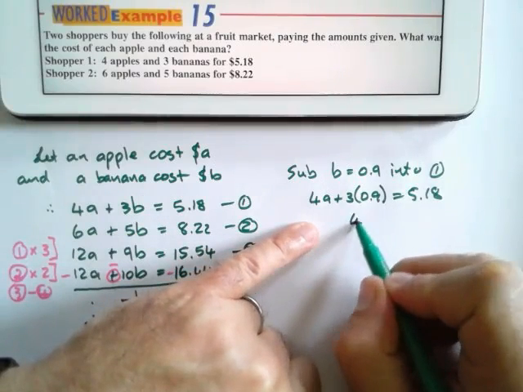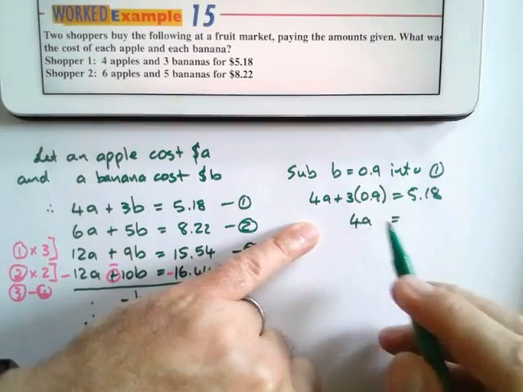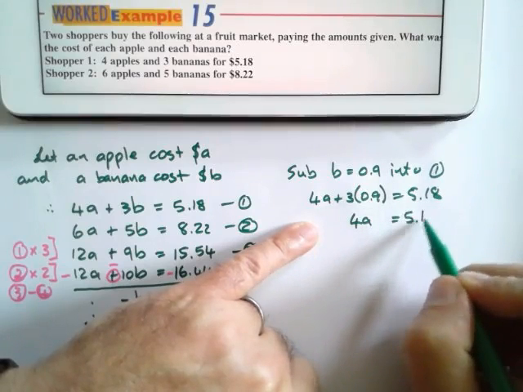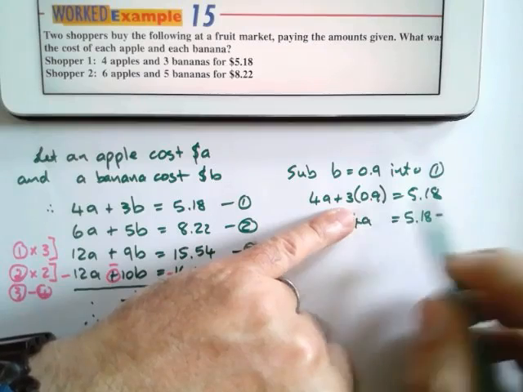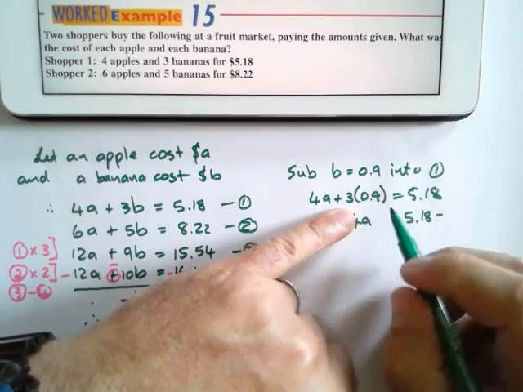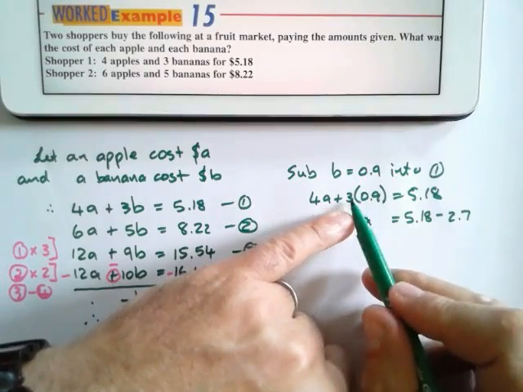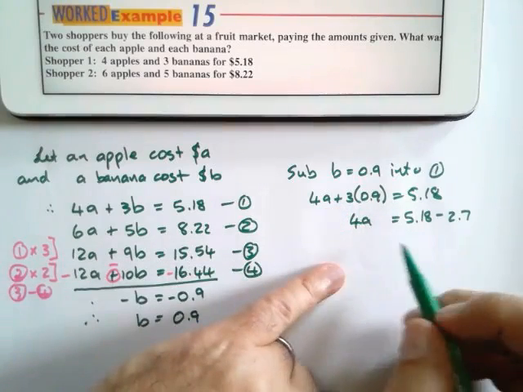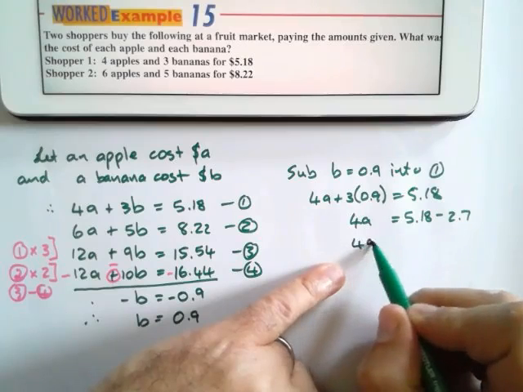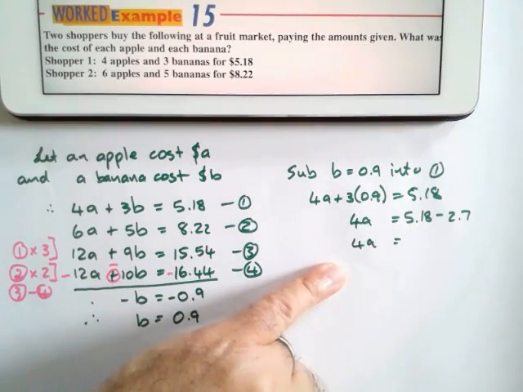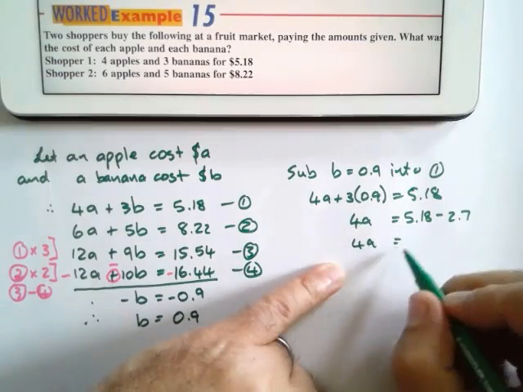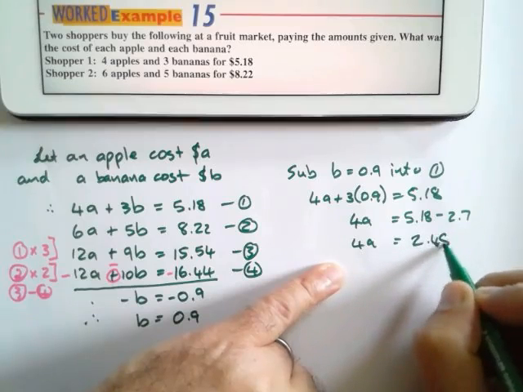This is going to give me 4A equals 5.18 take away 3 times 0.9, which is 2.7. I'm going to take it away from both sides. So 4A equals 5.18 take away 2.7, which equals 2.48.